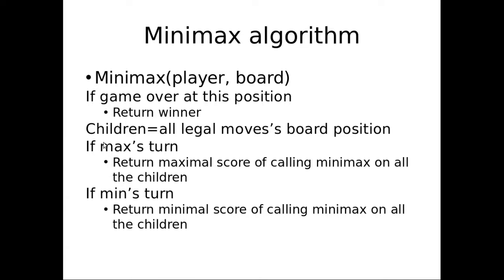And if it's max's turn, we will return the maximum value of its children, while for min's turn, we will return the minimum value of its children. Both these steps are processed by calling the same function, minimax, and this is the recursion. As a result, we will calculate the value of each node from bottom to top. Now we will have all the values of the tree such that we can make a decision by these values.